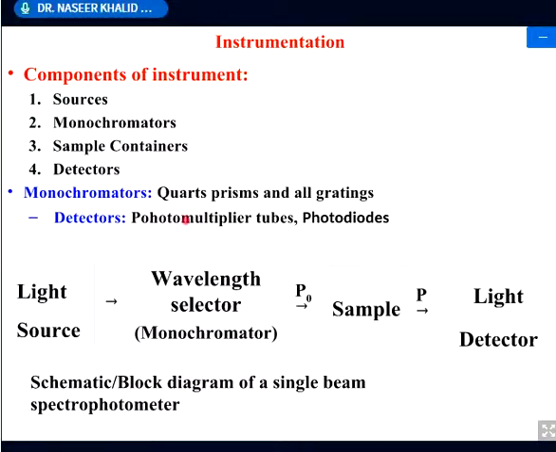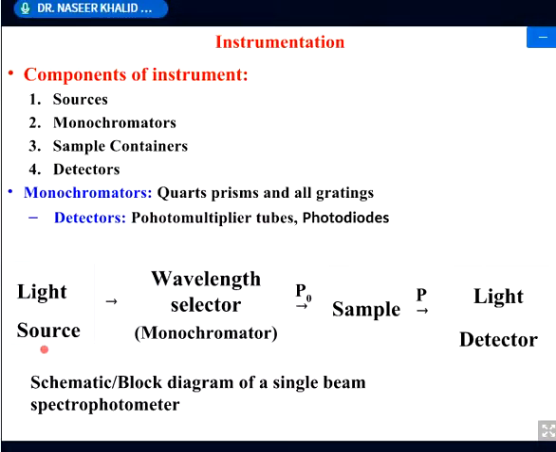Coming to the instrumentation: sources, monochromator, sample container, and detector. For the monochromator, we generally use quartz prisms and gratings, which are made of quartz. For the detector, we use a photomultiplier tube.